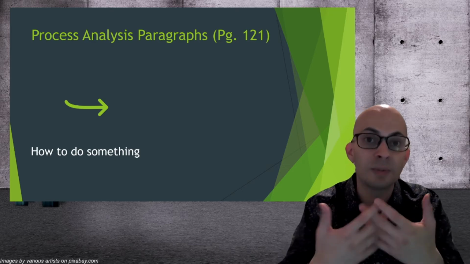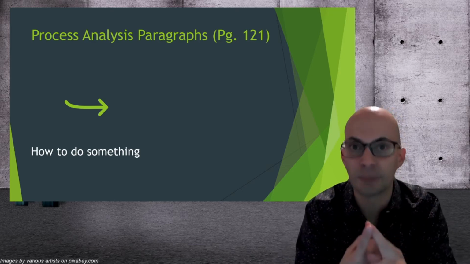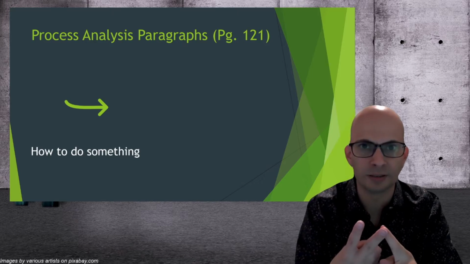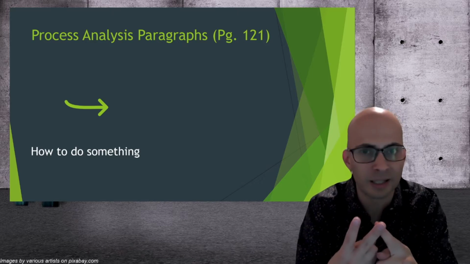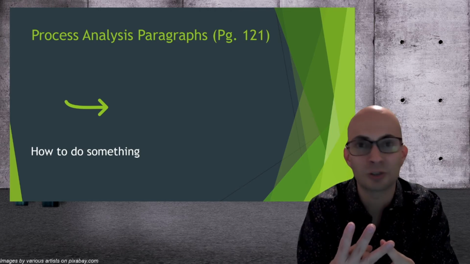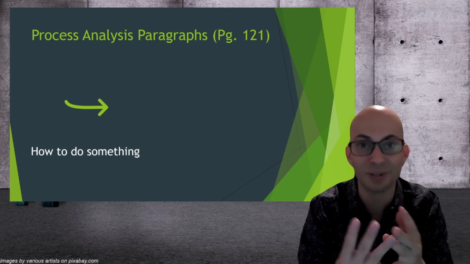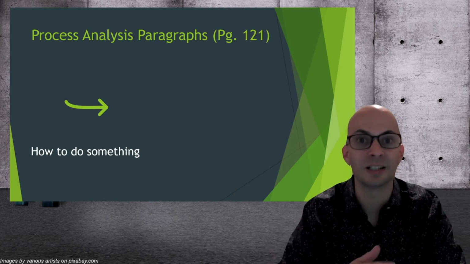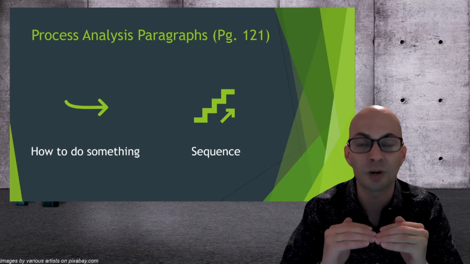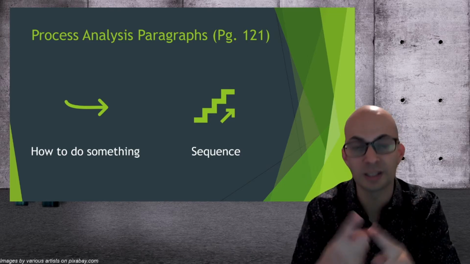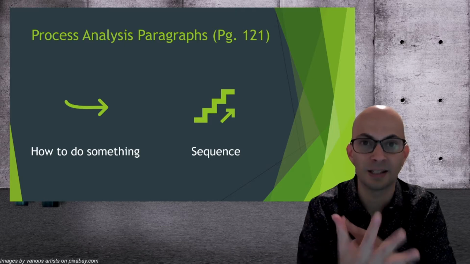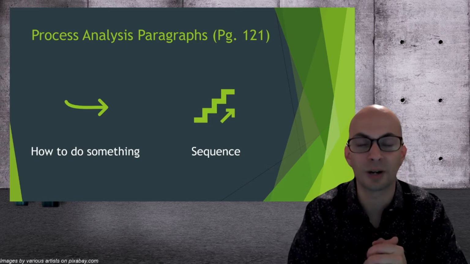And when you're describing how something is done, like baking a cake, building a model airplane, or how to wash clothes in a laundry machine, whatever it is, you use sequence to describe how to do it. First do this, then third, fourth, fifth, okay? Giving sequence to your paragraph.